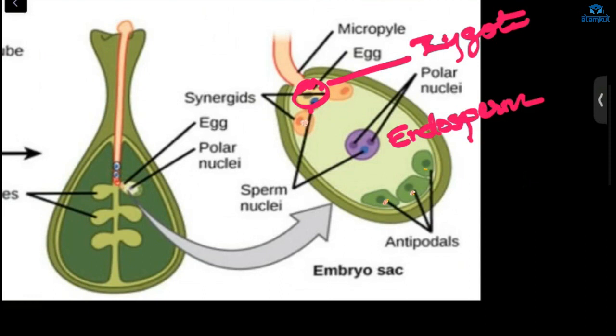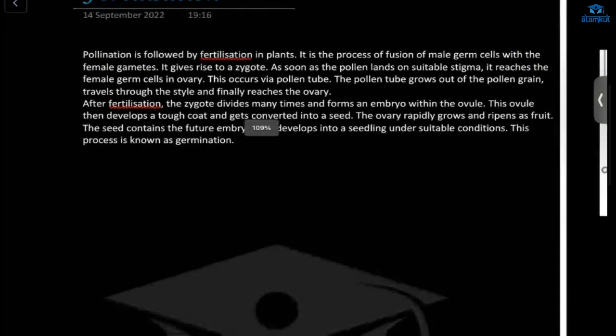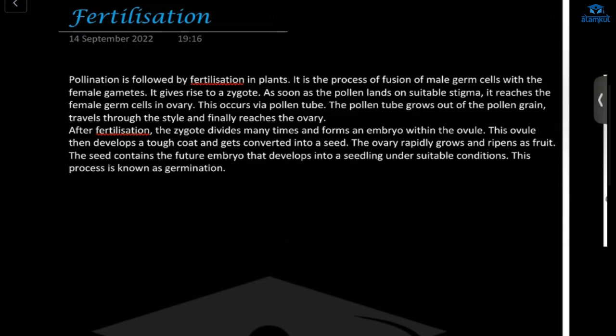The other male gamete will fuse with the two polar nuclei and form the endosperm, which provides nutrition to the zygote. The formation of the endosperm is called triple fusion, and because there are two fertilizations, it is called double fertilization. That's all in today's class.